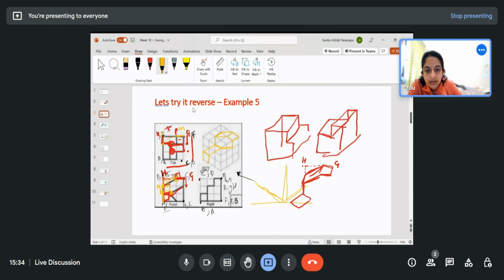and similarly I'll have a slope over here like this, and then the last slope, this one, it will come over here.